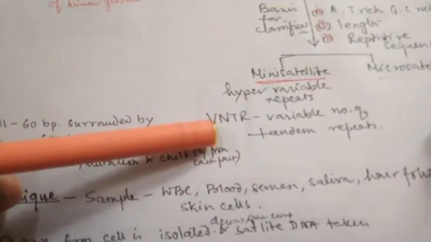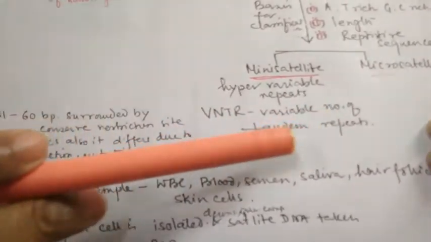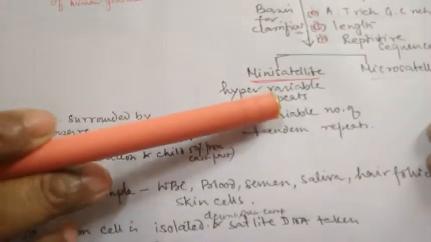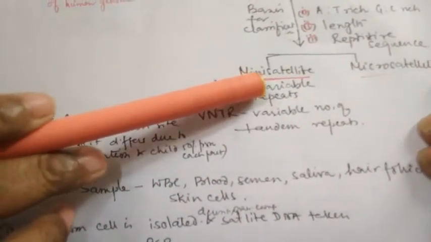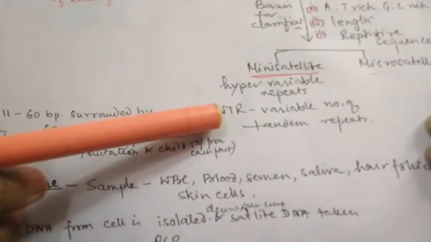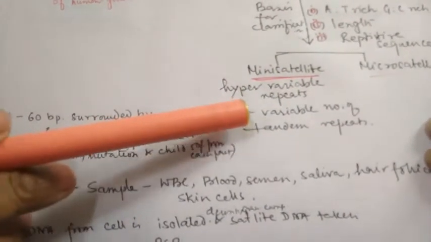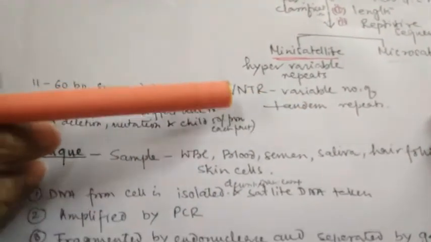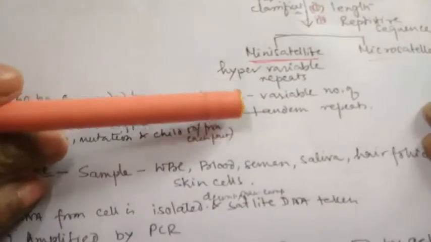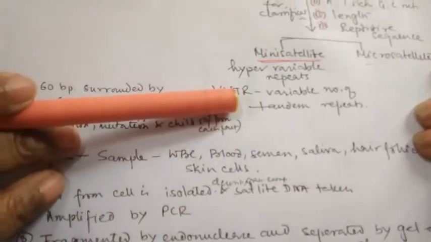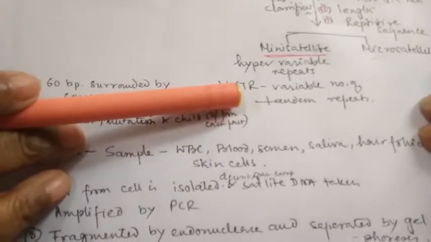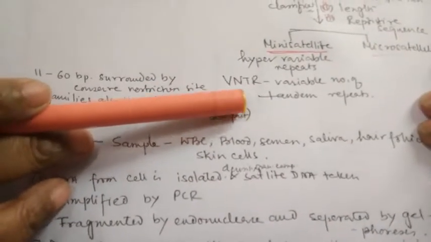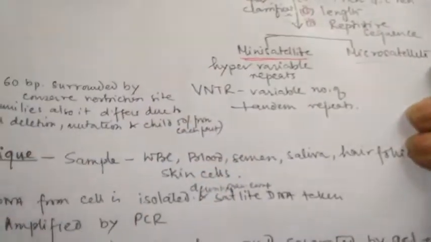So mind that, VNTR, that is, variable number of tandem repeats. We know that even within a family these regions contain about 11 to 60 base pairs, and they are surrounded by conserved restriction sites.